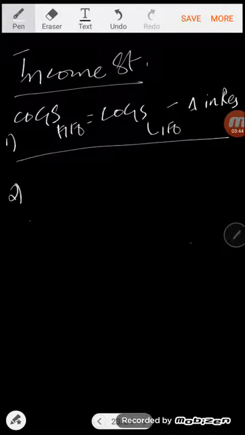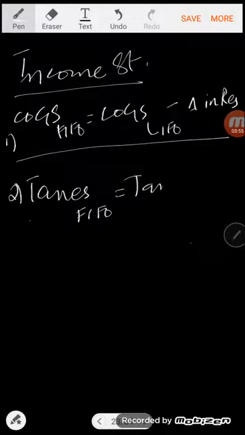Okay, the second formula. As you all know, what we deal with in the income statement is taxes, and nobody forgets about taxes.